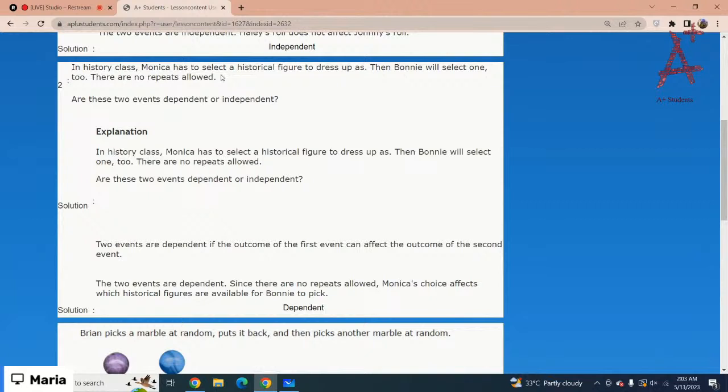Let's suppose you have four different options. Monica selected option number one. Now Bonnie has three options. So that means these events are dependent events. Whenever repetitions are not allowed, the events are dependent.